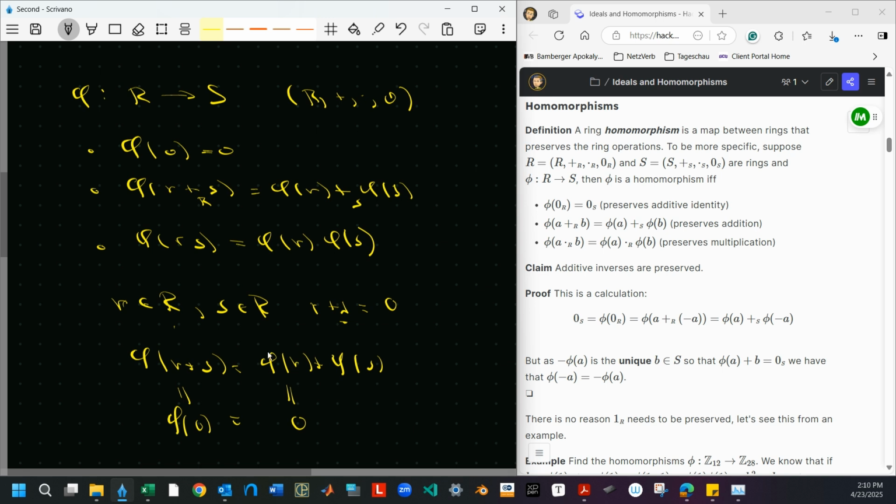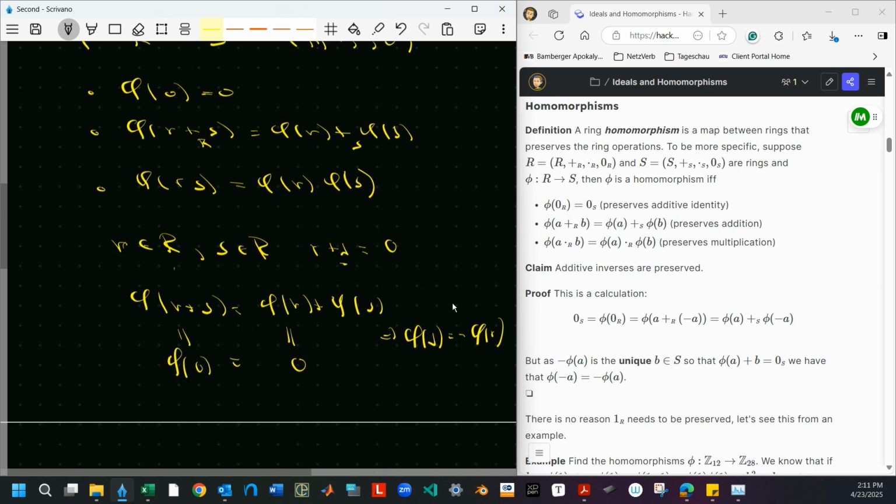But what does that tell me? It tells me that phi of r plus phi of s is equal to 0, so phi of s is in fact minus phi of r. So additive inverses are preserved, right?